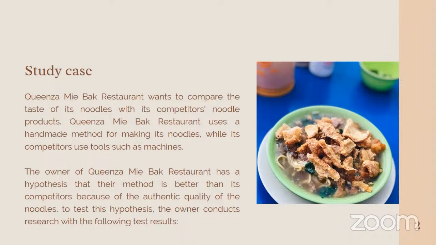Quinza Mibak's restaurant uses a handmade method for making its noodles, while its competitors use tools such as machines. The owner has a hypothesis that their method is better than its competitors because of the authentic quality of the noodles. To test this hypothesis, the owner conducts research with the following test result.